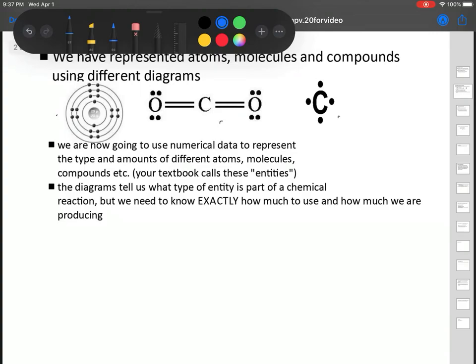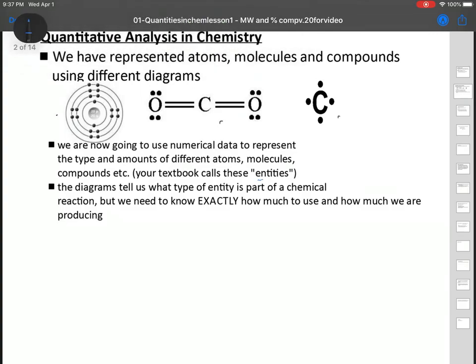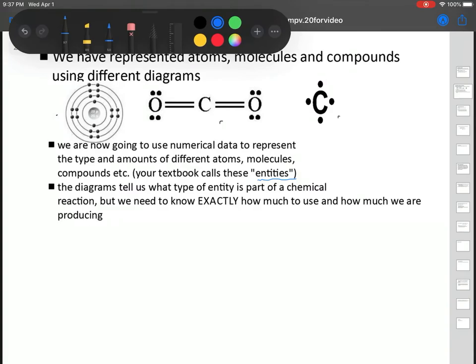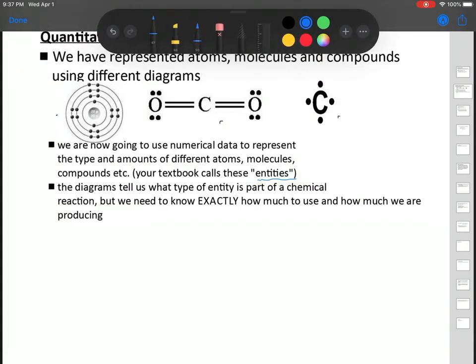Your textbook is very particular and likes the word entities. I believe I've talked about this before, but the word molecule, even though we throw it around, should really only be used to describe a compound that has covalent bonds in it, a molecular compound or covalent compound.